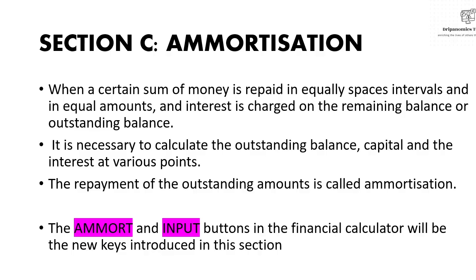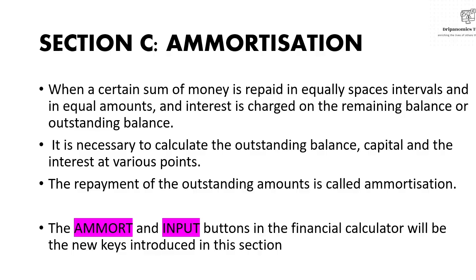If you press shift amount, it will show you the entire amortization of the loan for that specific period. And then we have the input button. I will show you how we use it, don't worry. So again, amortizing: you borrow money from ABSA, and the repayment including interest, you are basically amortizing that loan when you repay it.